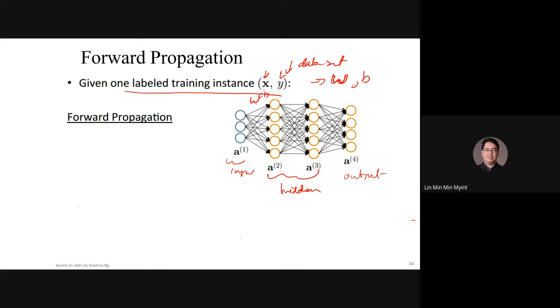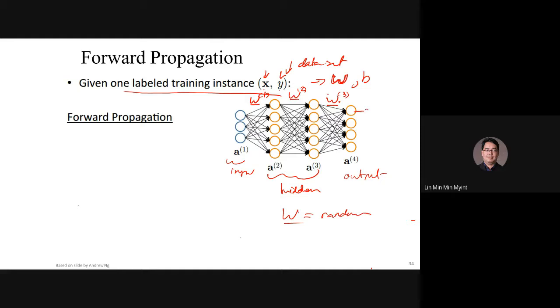W1 in here, W2 in here, and W3 in here. So in the learning, what we have to do is calculate all of the W. First, initially we can assign the W with random numbers.